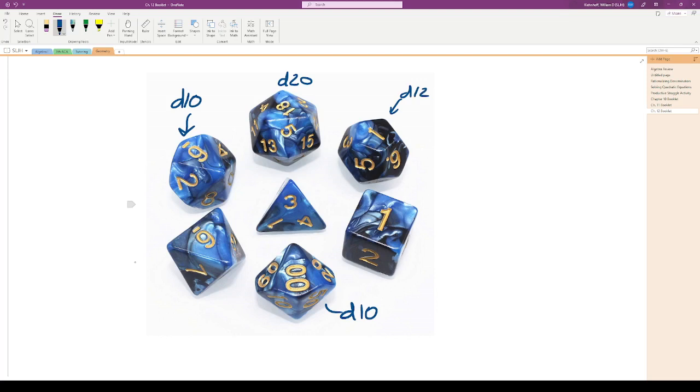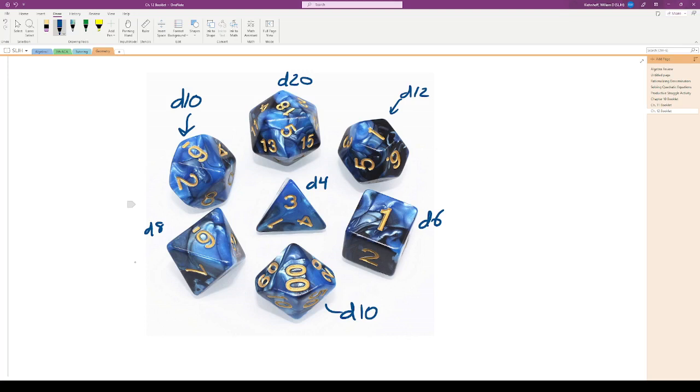And our D8 over here, our octahedron, has triangles, and our D4 has triangles. Our D6, of course, is a cube and has square faces. So all of those have these regular, either square, triangle, or pentagon faces.